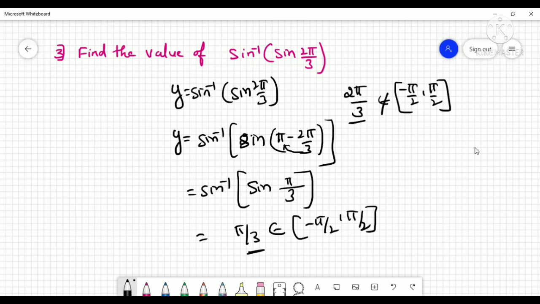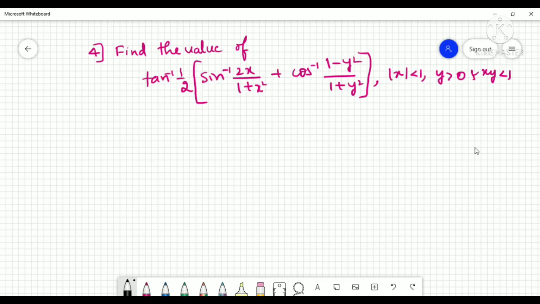Now, next one is the fourth one. Find the value of tan of 1 by 2 of sine inverse 2x by 1 plus x square plus cos inverse 1 minus y square by 1 plus y square. Now, be careful.